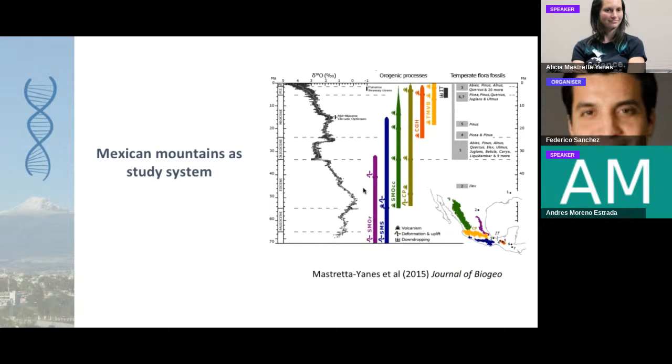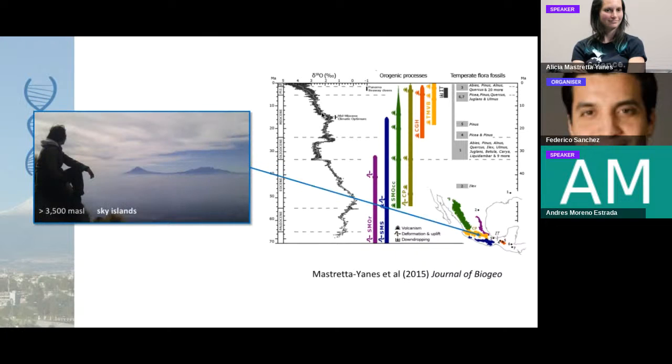Specifically, I decided to focus on the Trans-Mexican Volcanic Belt, which is this region that you can see highlighted here in yellow, because it's an area that is relatively recent in origin, like young mountains, but also old enough to have seen the different climate changes that Earth has gone through in recent history.